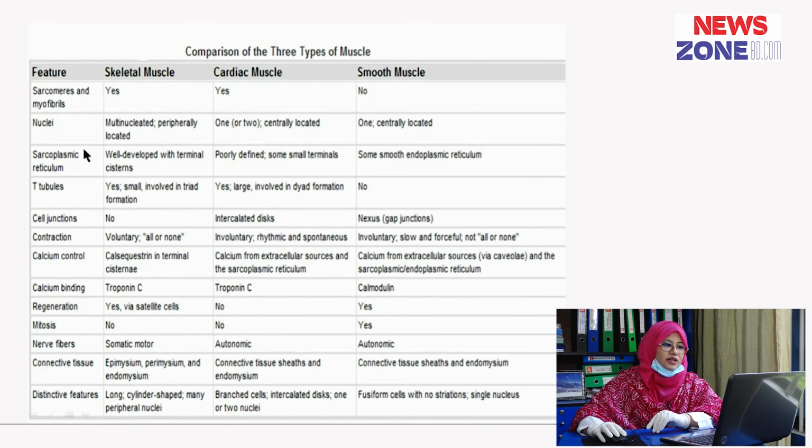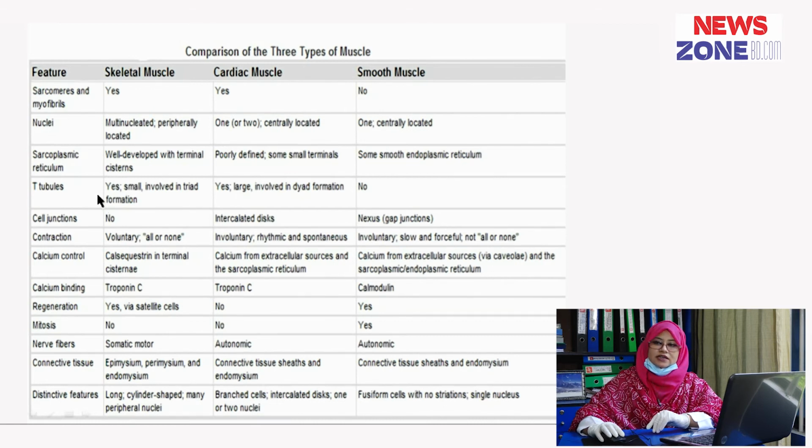Sarcoplasmic reticulum is well developed with terminal cisternae in skeletal muscle, poorly defined with some small terminals in cardiac muscle, and in smooth muscle there is some smooth endoplasmic reticulum.